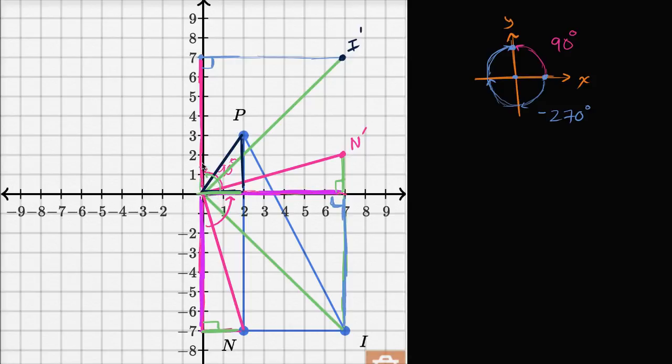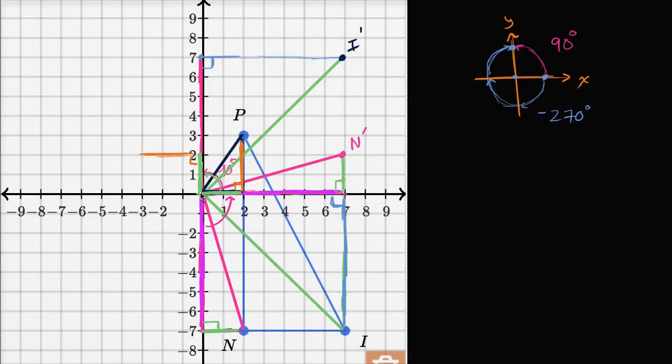Now, this side right over here forms a right angle, and it has a length of 3. So we're going to form a right angle here and have a length of 3. And just like that, we know where the image of P is going to be.